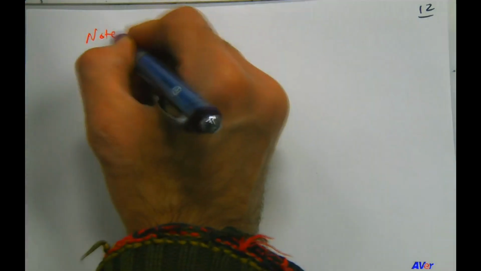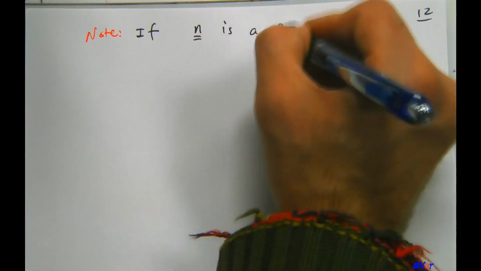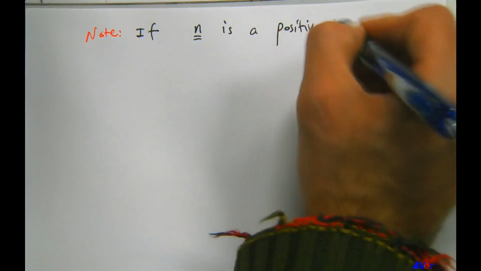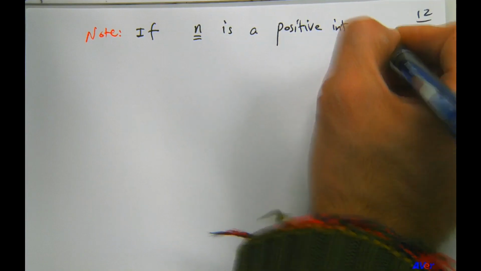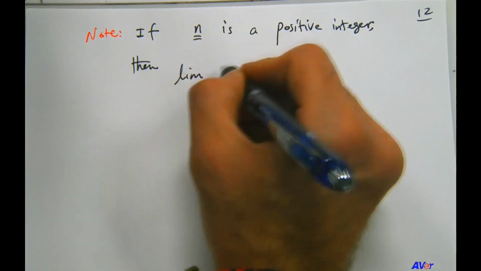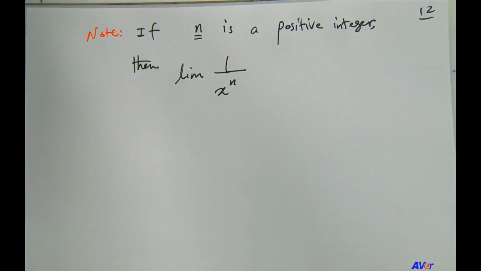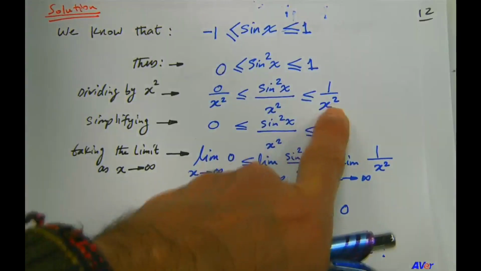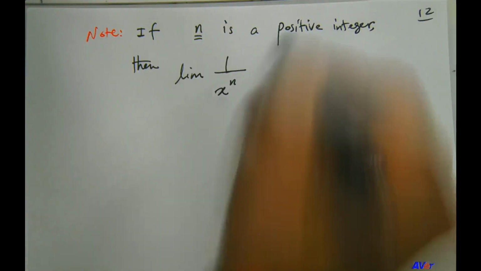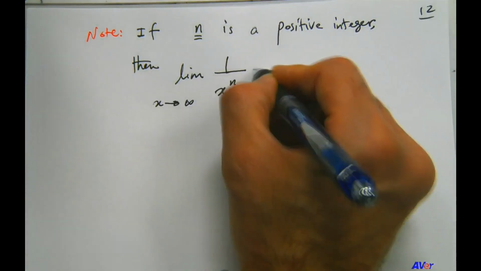So note, this is a very important note: if n is a positive integer, then the limit of 1 over x to the n power, as x goes to infinity, is equal to 0. In the example we just went over, n is 2, but n can be any positive integer.